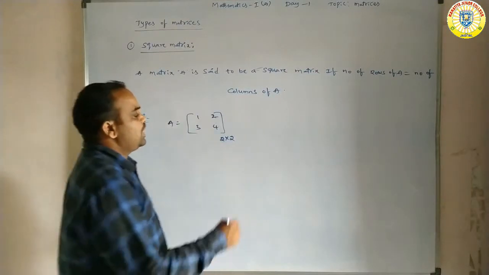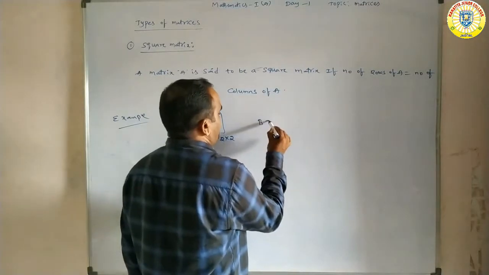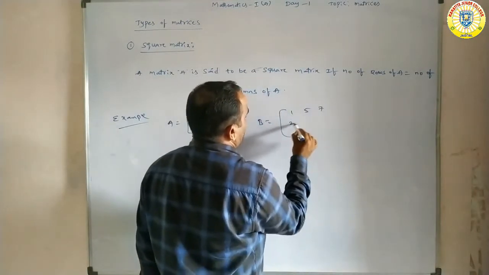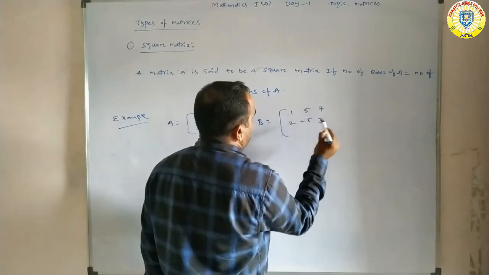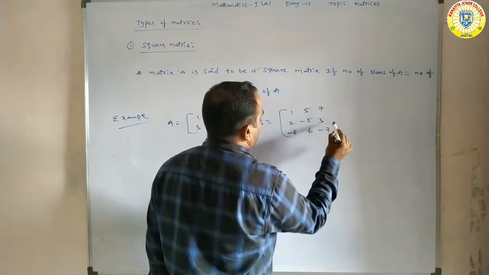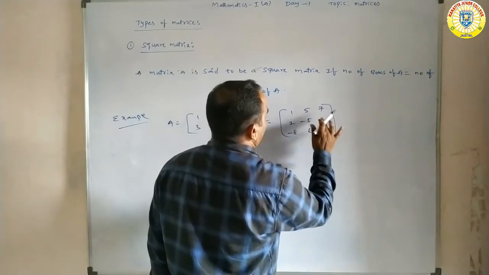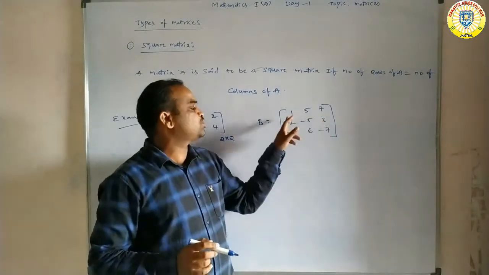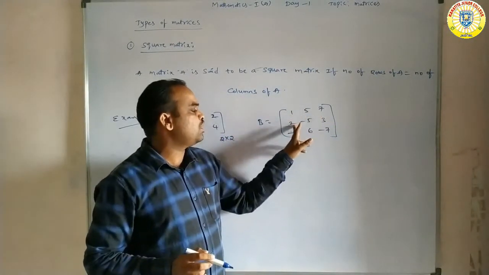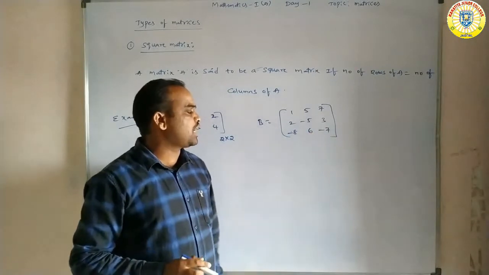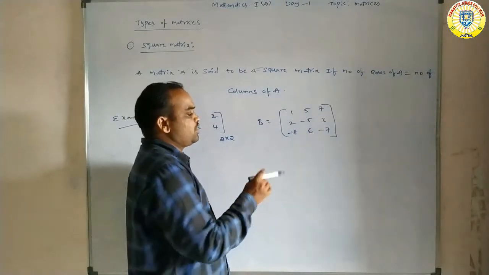That's why this is a square matrix. Otherwise, here we write B equal to 1, 5, 7, 2, minus 5, 3, minus 8, 6, minus 7. Observe this one. How many rows are there in this matrix? 3 rows. 1, 5, 7 is the first row, 2, minus 5, 3 is the second row, and minus 8, 6, minus 7 is the third row.